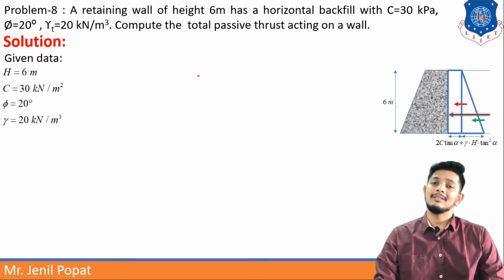If we see this diagram, we can clearly understand what we want to do. Here there is a retaining wall. Again, the pressure diagram will act like this: one rectangle, one triangle, as there is a surcharge ideally in the passive earth pressure force.